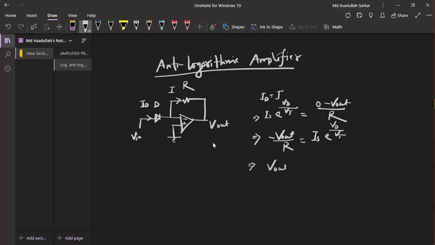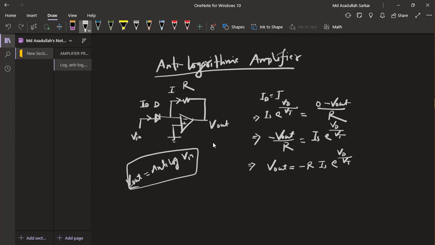Ultimately V out equals minus R into Is exponential VD by VT. The expression consists of V output and VD, but we have to find the expression of V output in terms of V input. If V output is the anti-log of V input, then that will be called an anti-logarithmic amplifier.